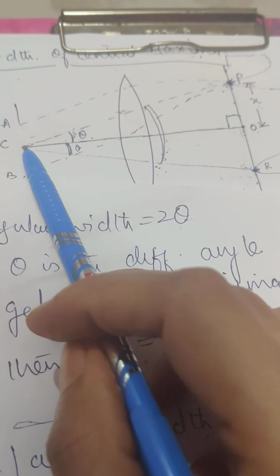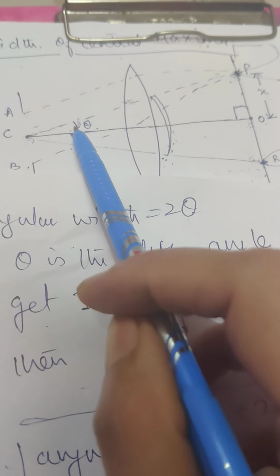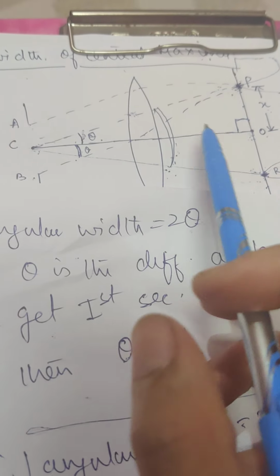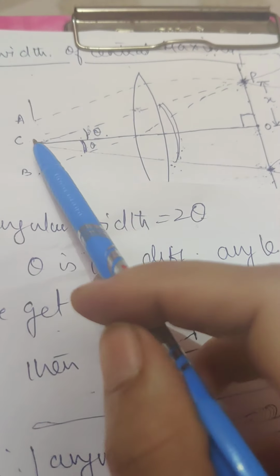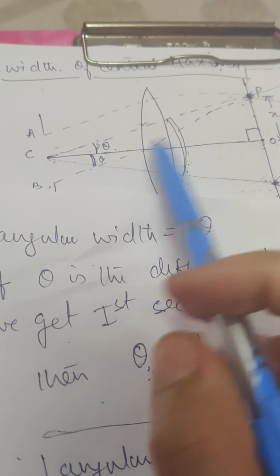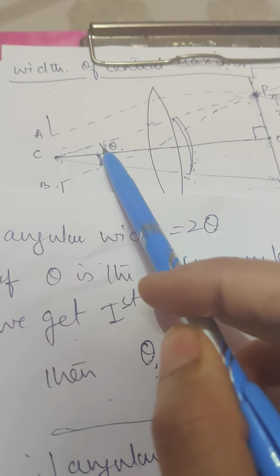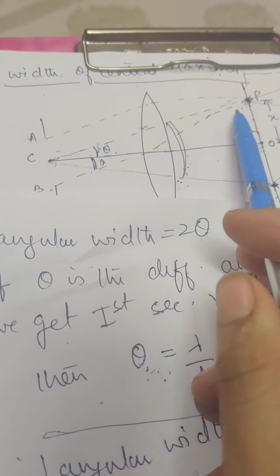In triangle POC, this is my angle theta, then tan theta is equal to PO over OC.